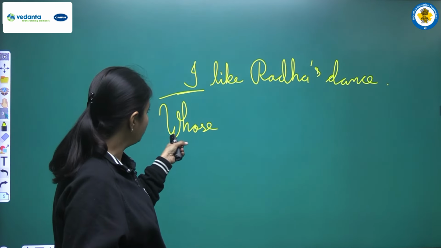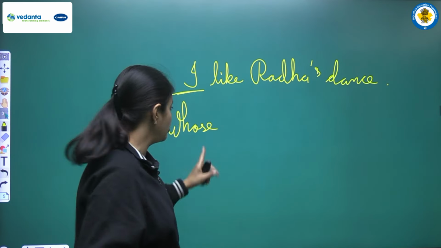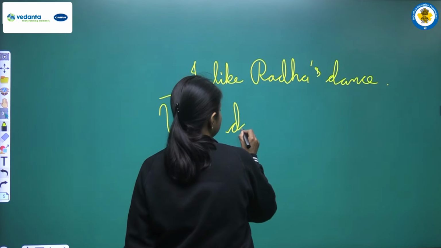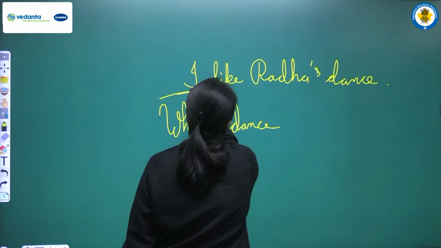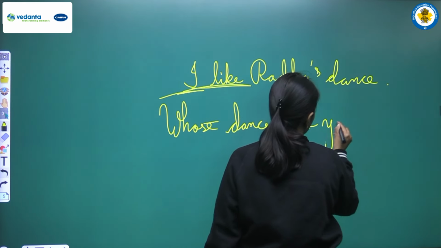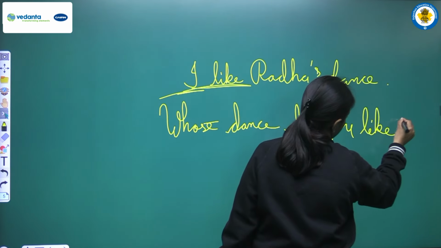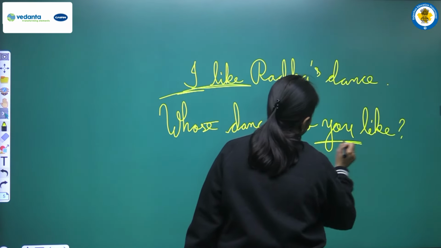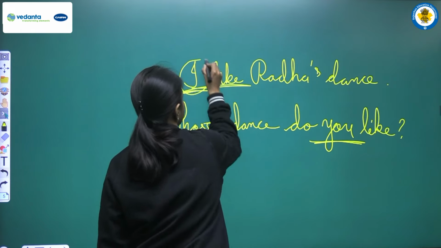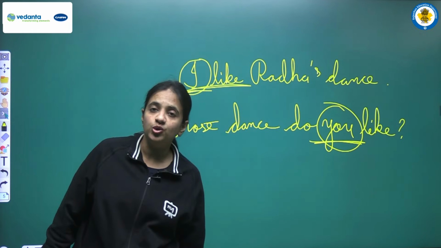So let's see how we can write. The answer statement is I like Radha's dance. So the question will be whose dance? Again we have the present simple tense here. So whose dance do you like? And question mark. This is the change that we are doing in the pronoun I. It will be replaced with you, okay?